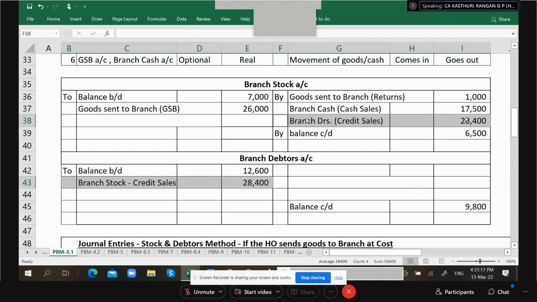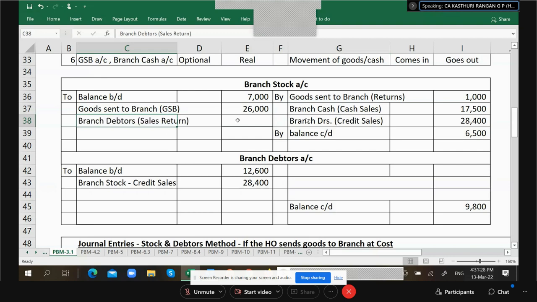Some goods are returned by the customer to branch. So therefore, what is the entry? It's the opposite, reverse entry of this. So stock account debit to branch debtor, sales return. So in debtors account, by branch stock. See, here goods come into the branch.